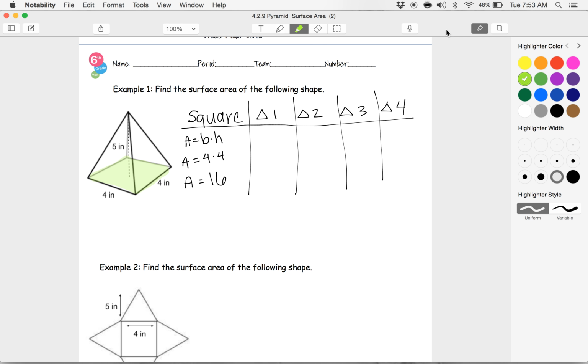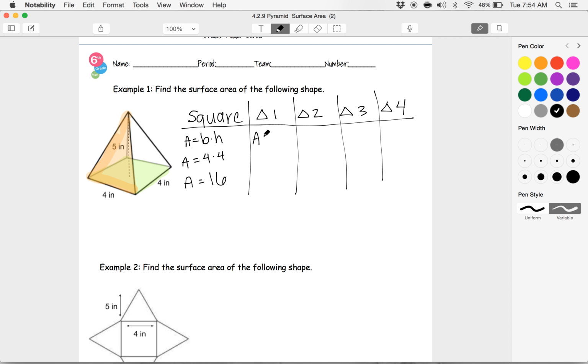Okay, now let's go on and let's do one of the triangles. I'm going to pick this triangle right here. There's my triangle. And we have to think, what's the formula for a triangle? Because it's different than a square and it's different than a rectangle.